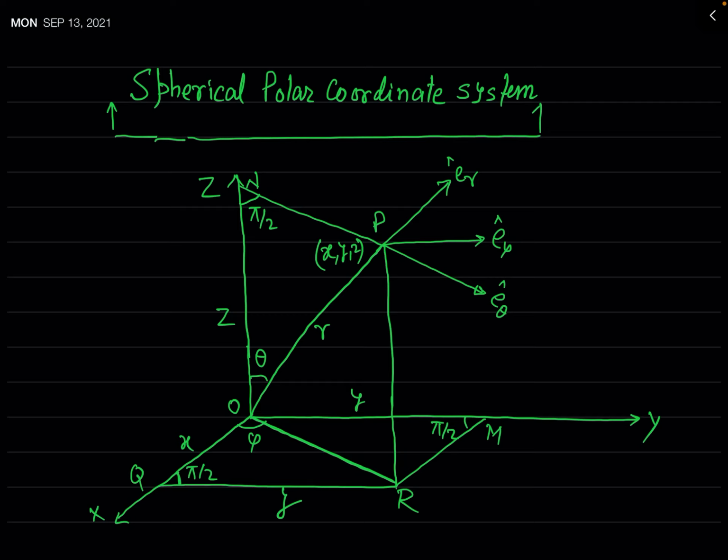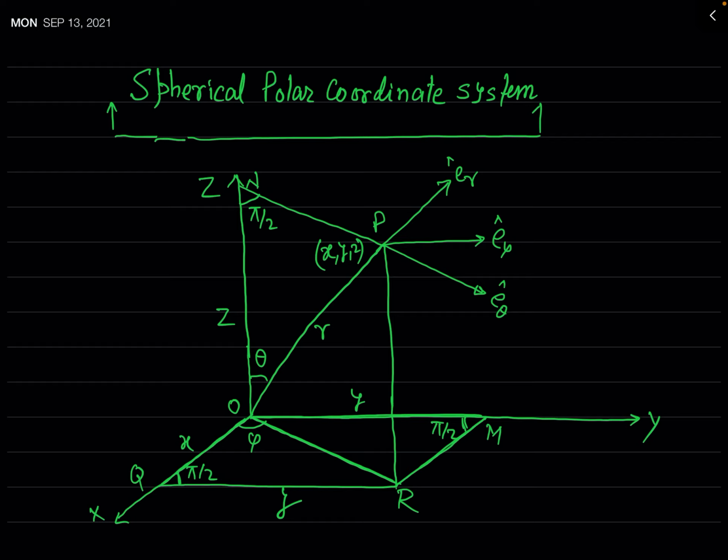And so this projection OQ is actually the x coordinate. So I have marked here that OQ is equal to x. And similarly, when you draw a line RM parallel to the X-axis, this will be perpendicular to Y-axis, and so the angle made by this line at M is pi by 2. And so this projection OM is equal to y, as you know.